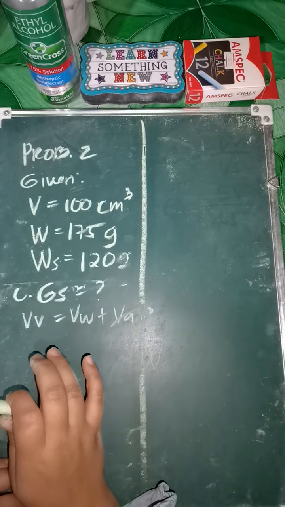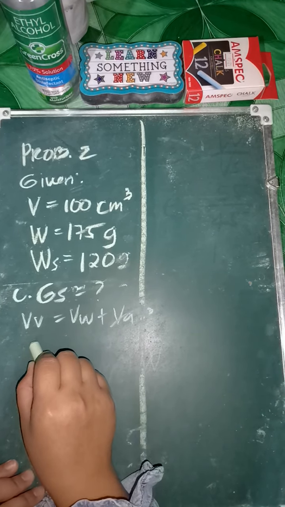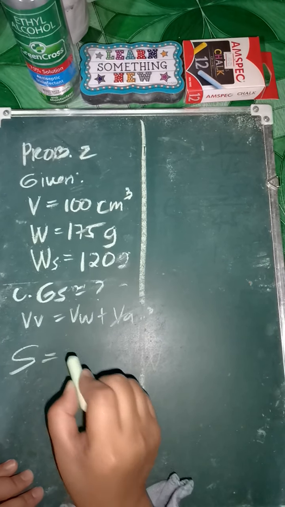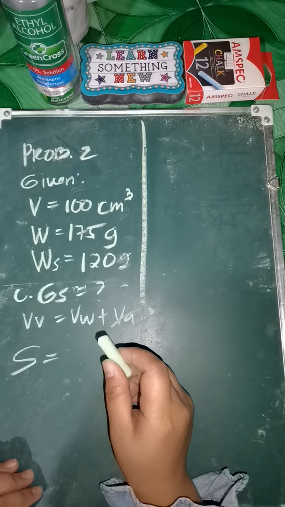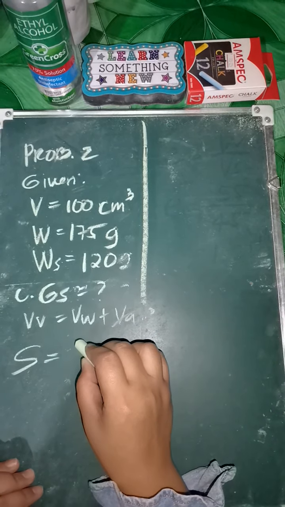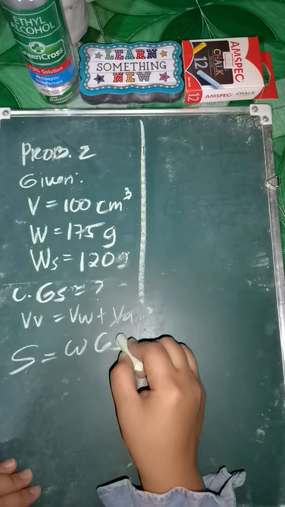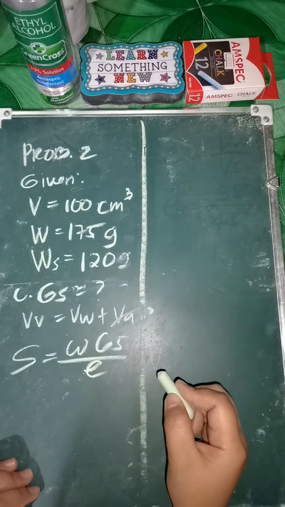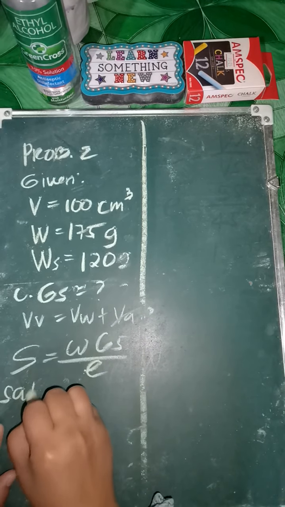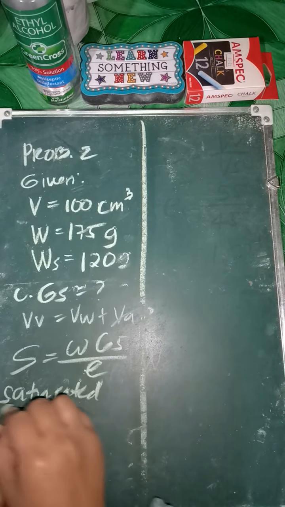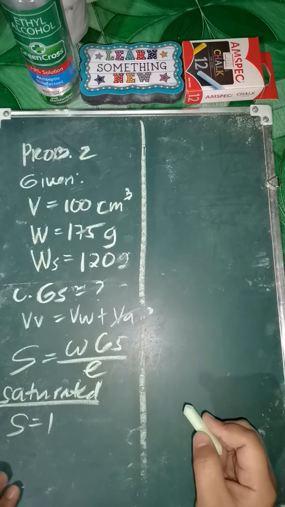So for this case, we're going to see the equation, that is S for the degree of saturation, in relation to the moisture content, the specific gravity, and the void ratio. So that is equivalent to the moisture content times the specific gravity all over the void ratio E. Since the soil is saturated, our S is equals to 1 or 100%.